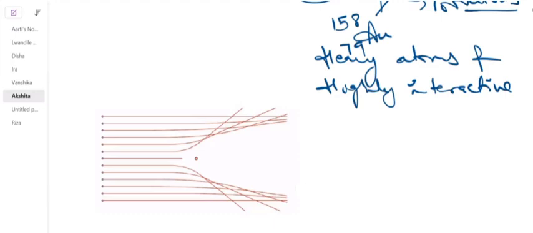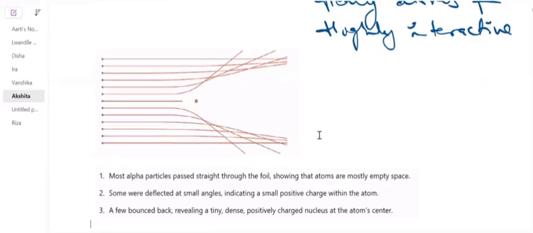Some had deflected angles, and some had small angles. And the third one, what was the third one? I'm writing here. See, these are the observations. Kindly be quick, Akshita.